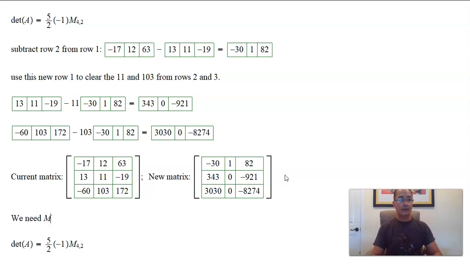So we need M12 of this matrix. So that should be down here. Where's my subscript? There. So that would be the determinant of a 2 by 2 matrix.